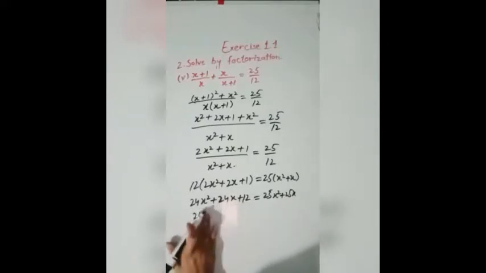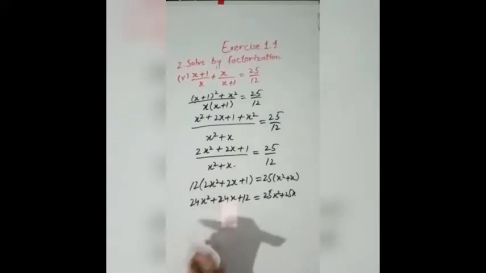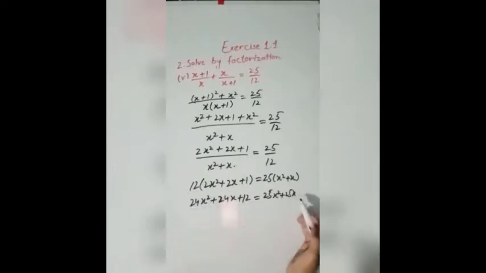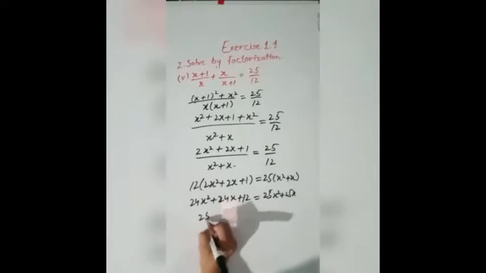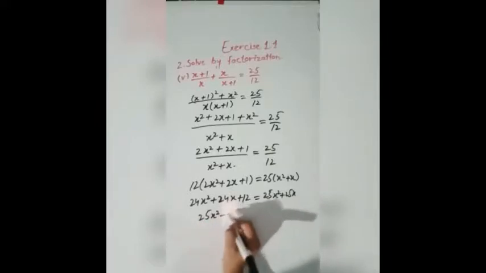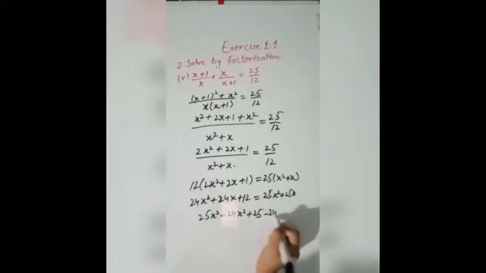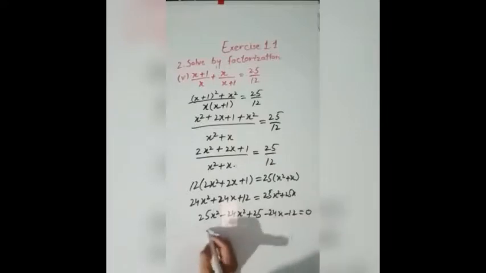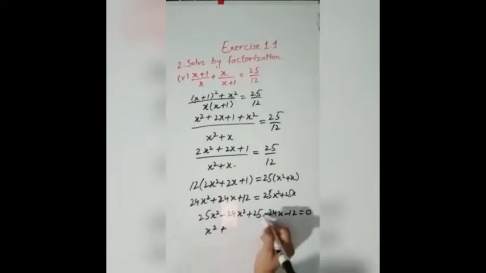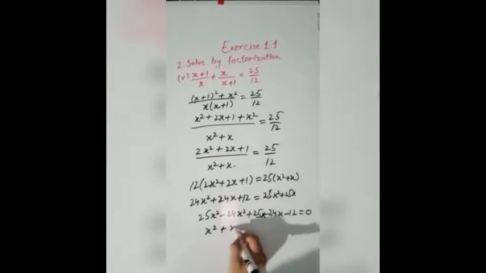Now we have to shift these terms to here. 25x square minus 24x square plus 25x minus 24x minus 12 is equal to 0. We got x square plus x minus 12 is equal to 0.